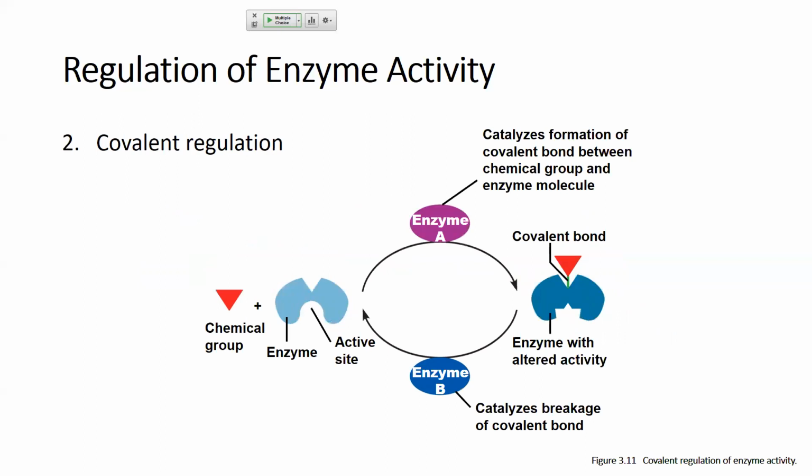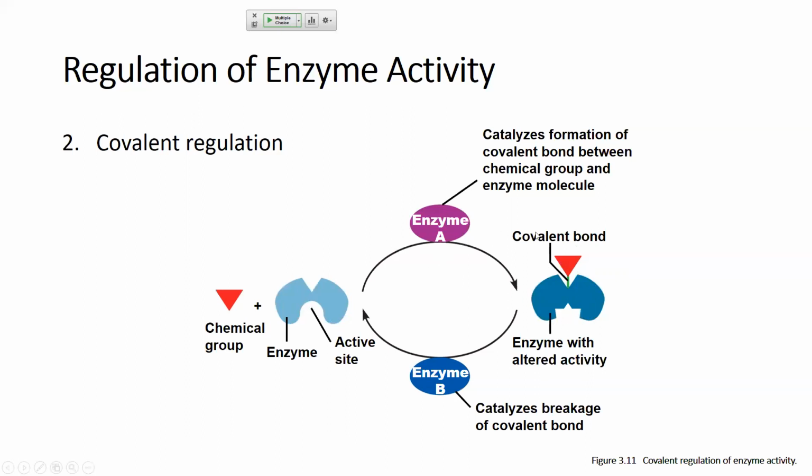It is going to catalyze the formation of a covalent bond where it puts some sort of chemical group onto this enzyme. Let's not get confused here. This is some sort of different enzyme, enzyme A. Its job is to add a covalent bond, or add this chemical group, to the enzyme in question, the one we're trying to regulate.